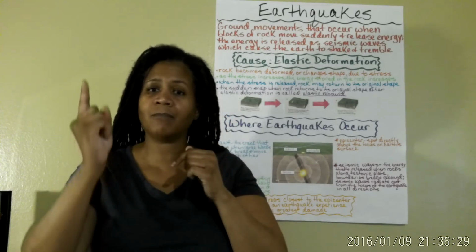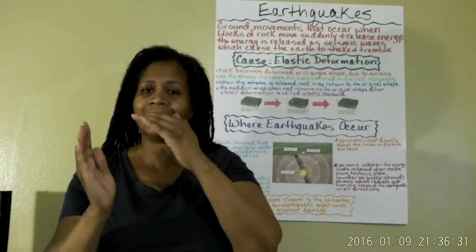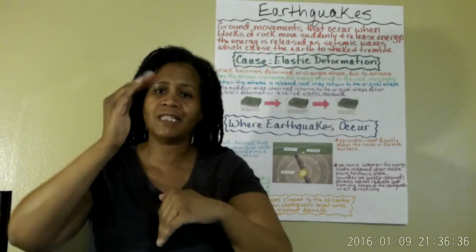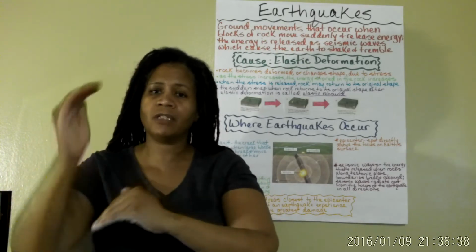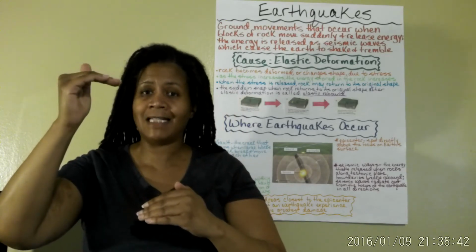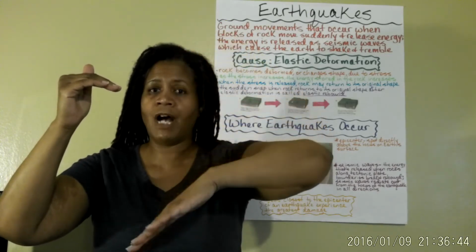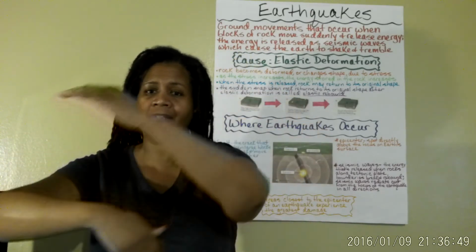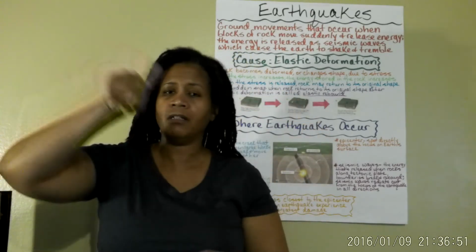So the hot rock moves upward, but when it does, it shifts that cooler rock, and the cooler rock moves downward. And it rises because it's less dense. Cooler rock is more dense, so it sinks. So we have that constant motion of rock.